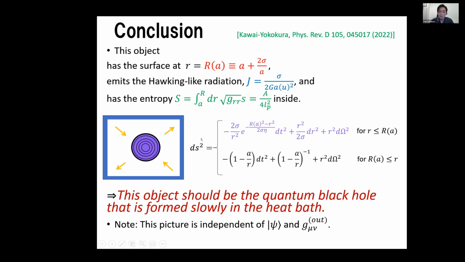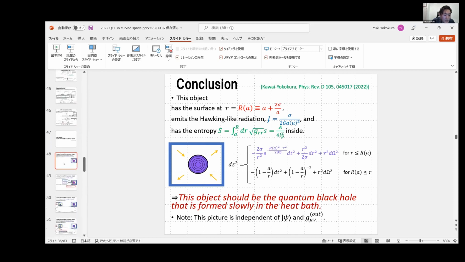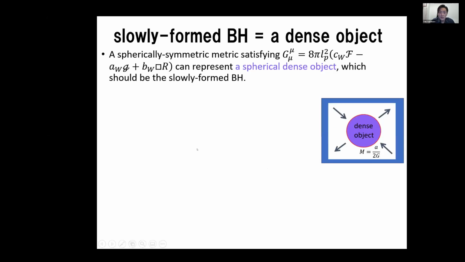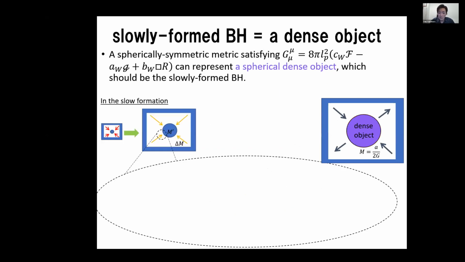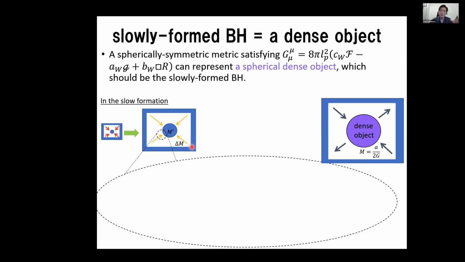Thank you very much for your very nice question. I can give an intuitive picture of how the dense object is formed. Suppose we have some object at some stage, and in this formation process additional radiation comes to this object.